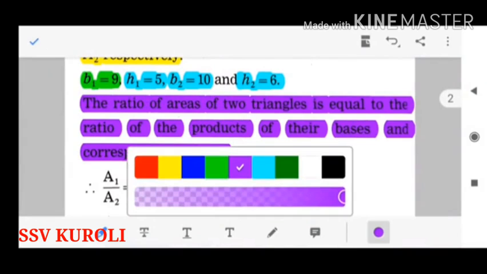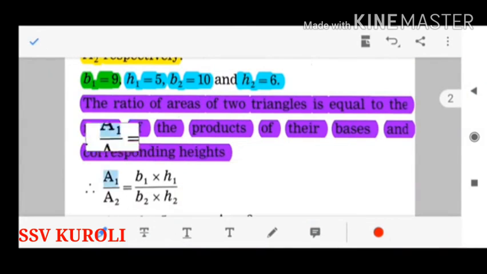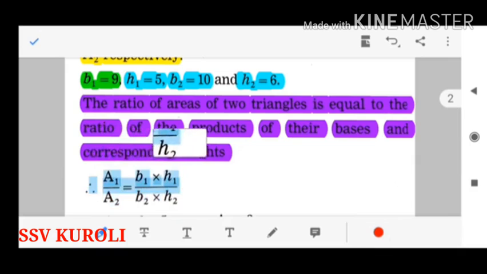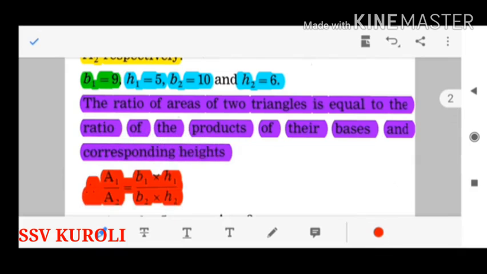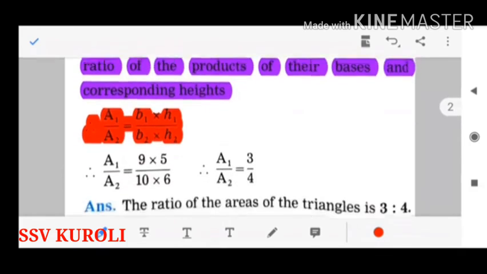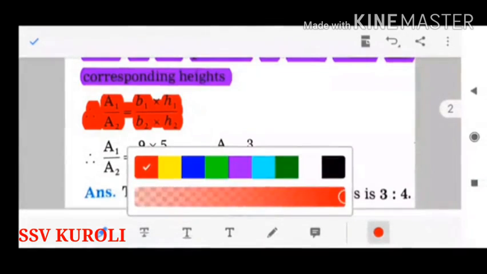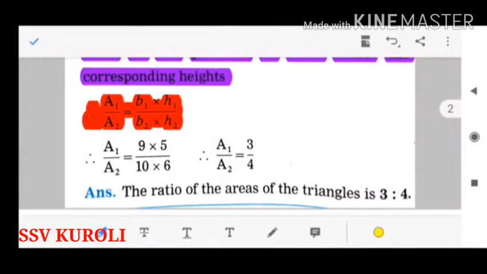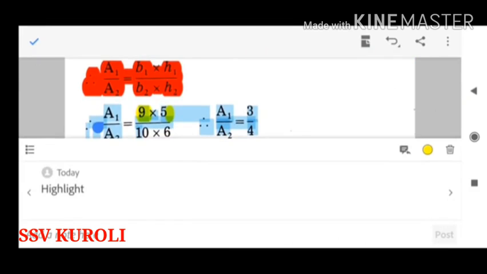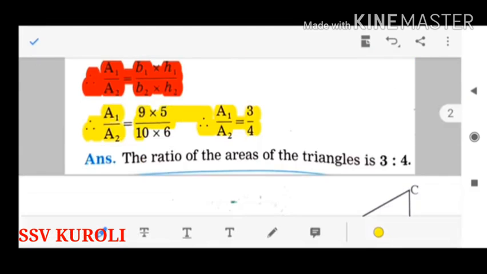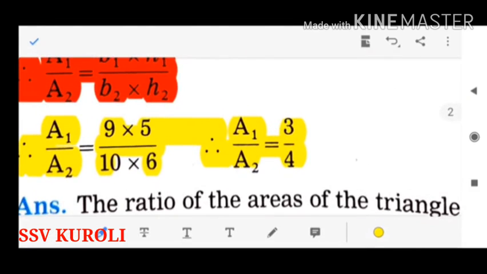In other words, we may call it A1 upon A2 equal to B1 into H1 upon B2 into H2. Next, putting the values. Therefore, A1 upon A2 equal to 9 into 5 upon 10 into 6. Therefore, A1 upon A2 equal to 3 upon 4.